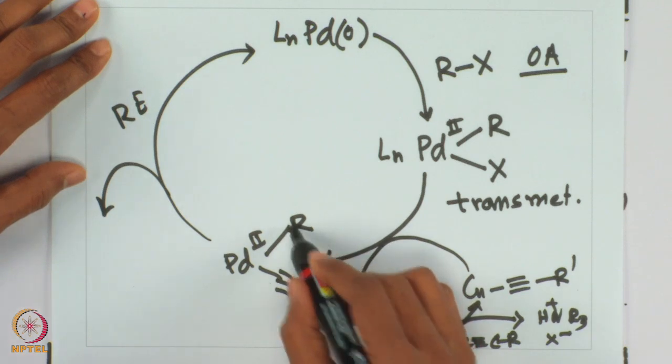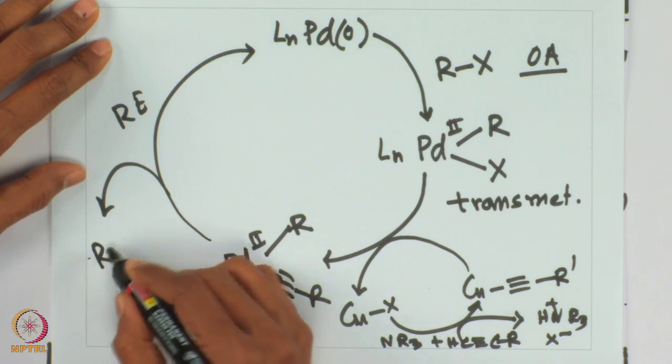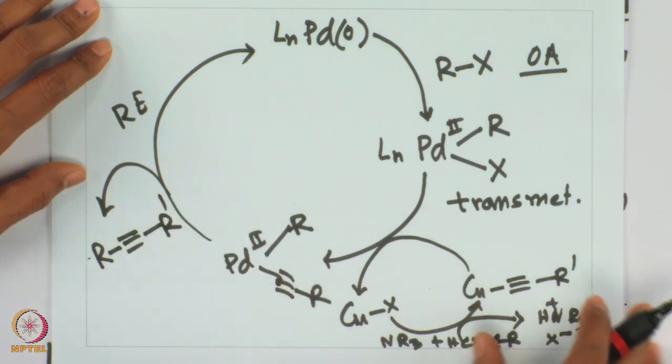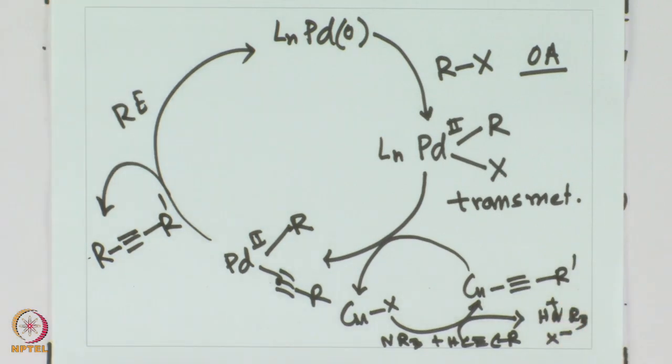This could be an sp2 or sp carbon center usually, that will give you the desired internal alkyne that you are looking for. So, what we have seen so far is, starting from let us say bromobenzene and a terminal alkyne, you will be getting an aryl substituted internal alkyne.